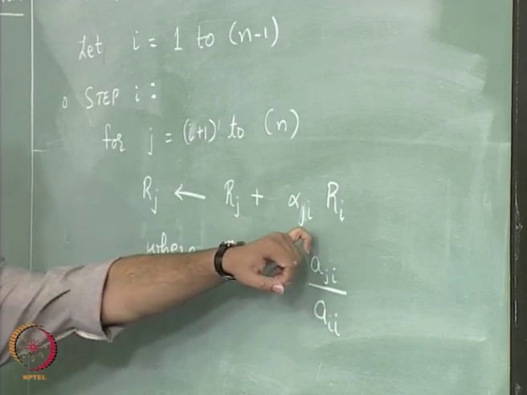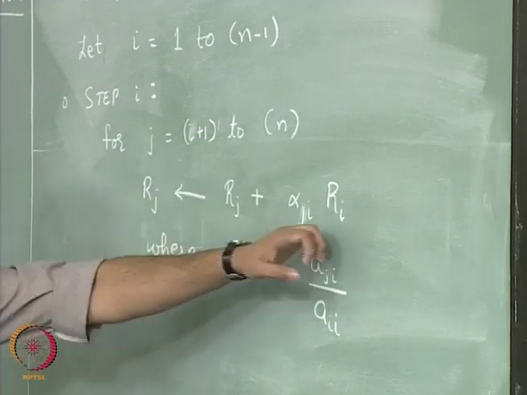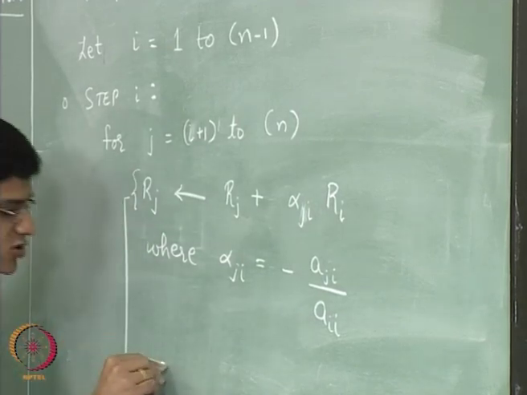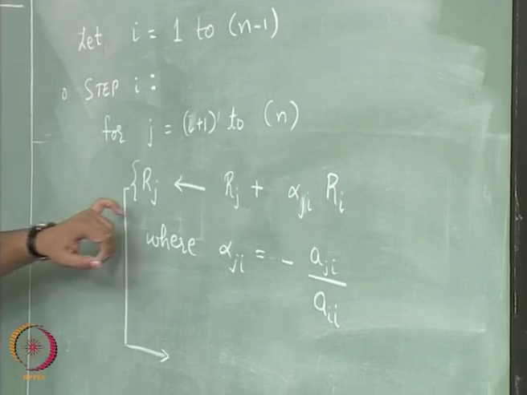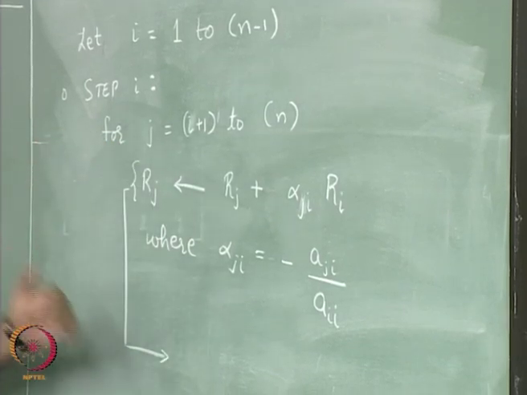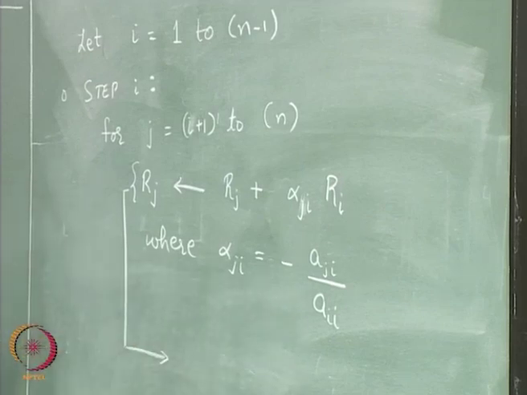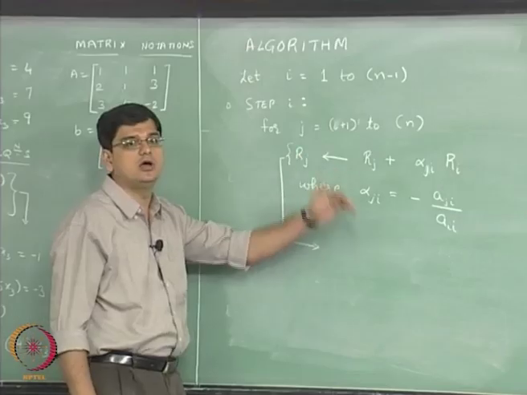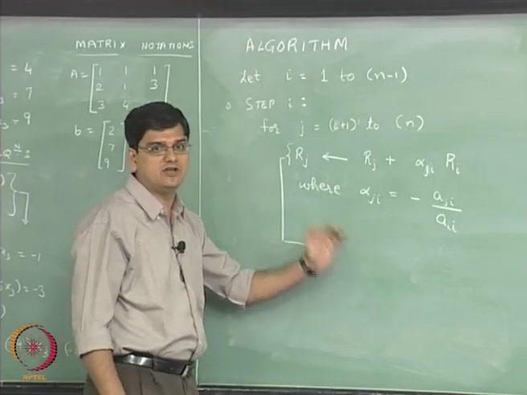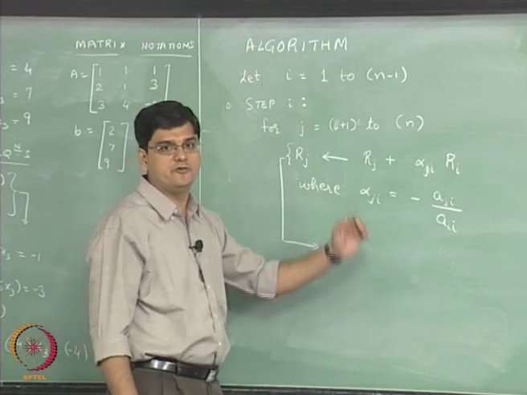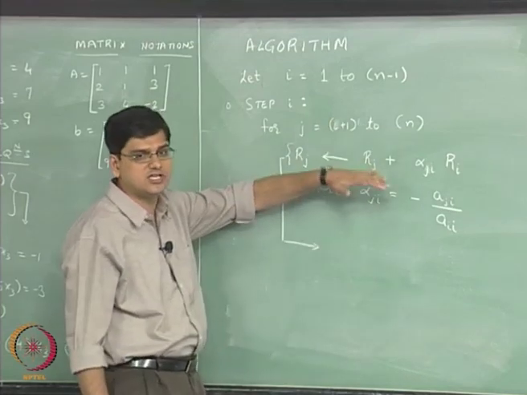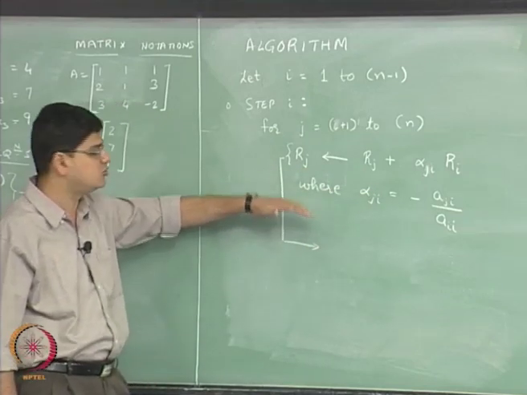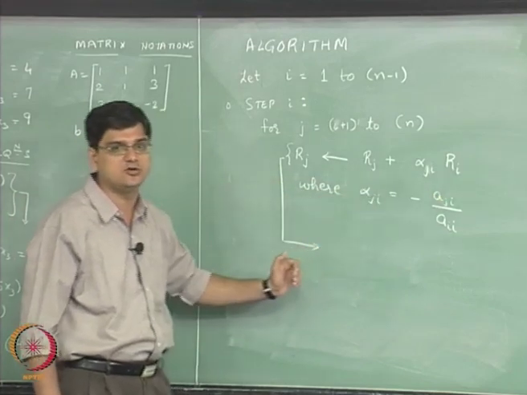Keep in mind this is not one single operation, but this itself involves multiple operations. So, if we were to expand this operation, Rj is the jth row. In the jth row, for the first column we will have 0, second column we will have 0, and so on up to the ith column, we will definitely get 0 because we are using Ri in order to get 0 in that column.